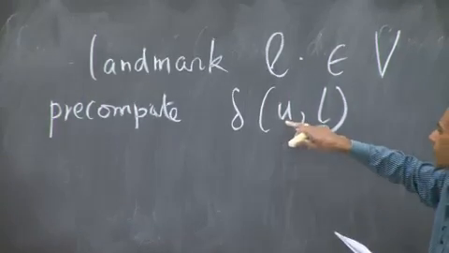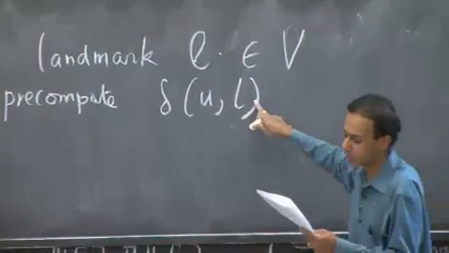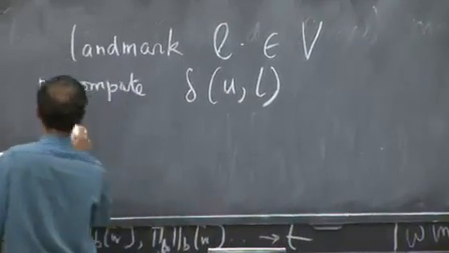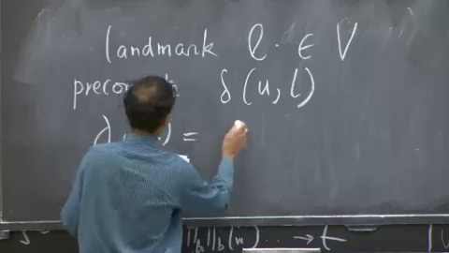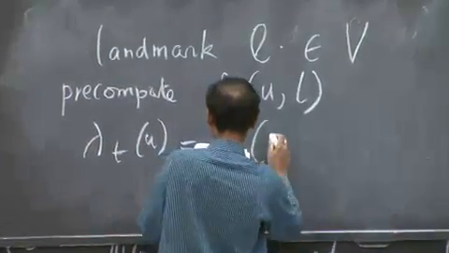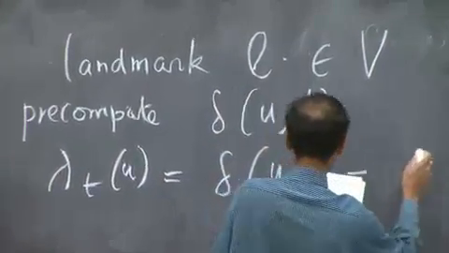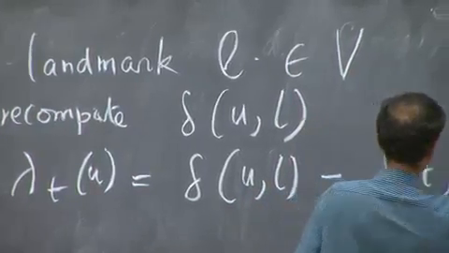So it's like change the source, but the destination stays the same. And the potential, lambda_T(U), is defined as delta of UL minus delta of TL.